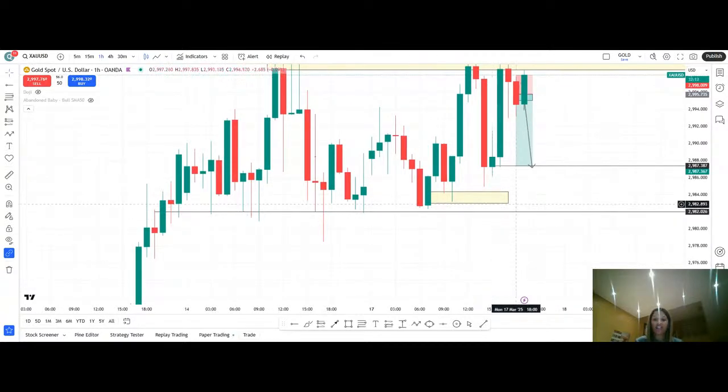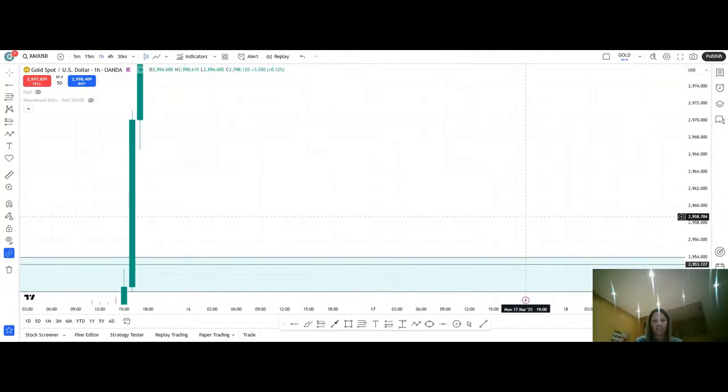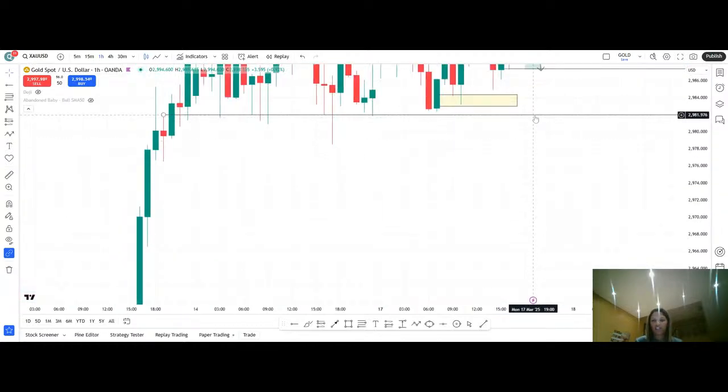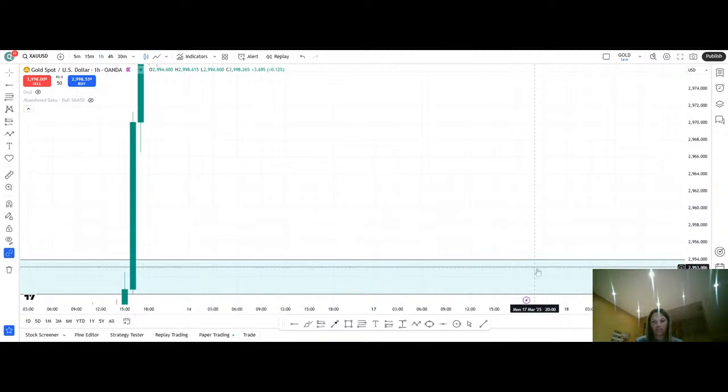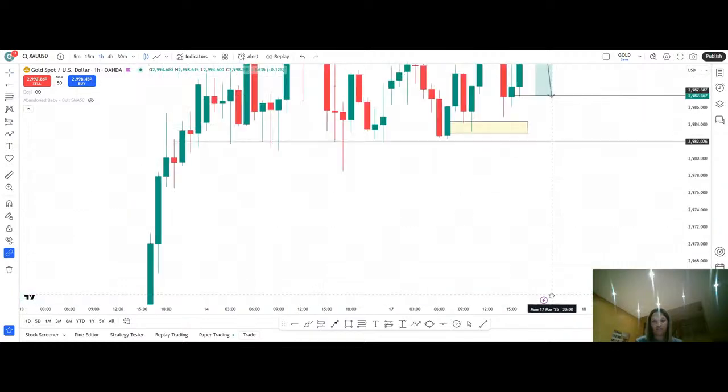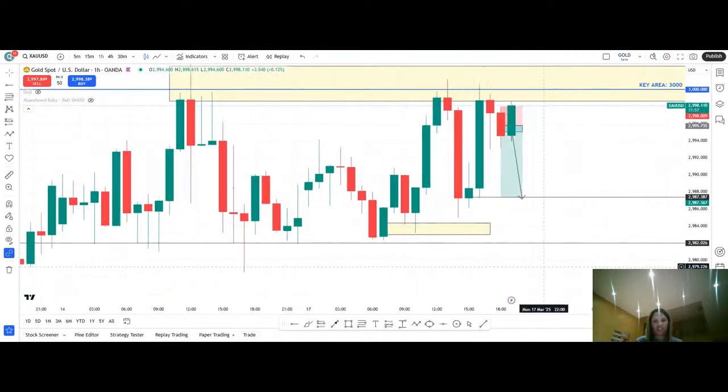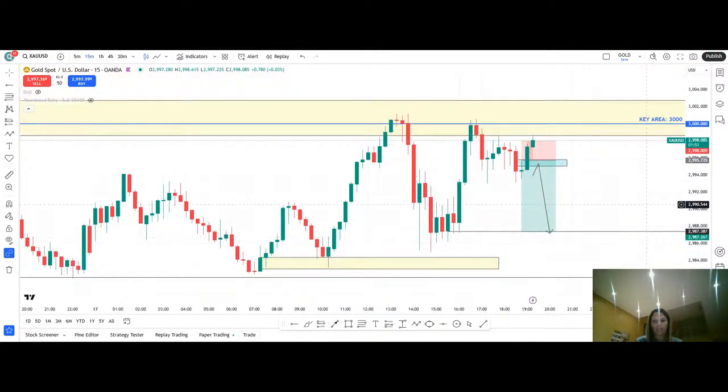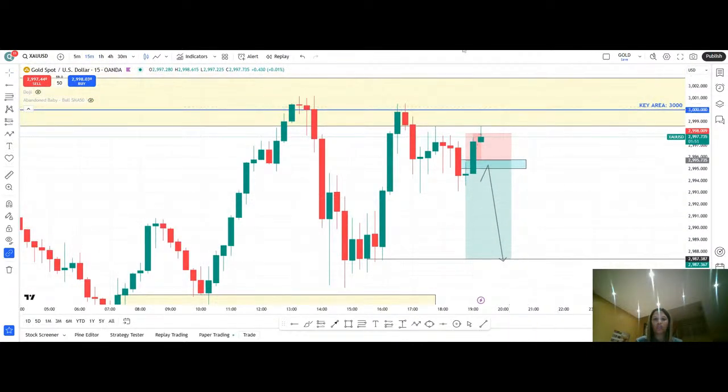If gold comes all the way down and breaks 2982, and you swing trade and hold from here to 2954, there's a lot of money to be made still on gold. And we know gold won't take days and weeks to do that. Gold moves so fast and the liquidity is so great on gold. Once it moves, it moves.